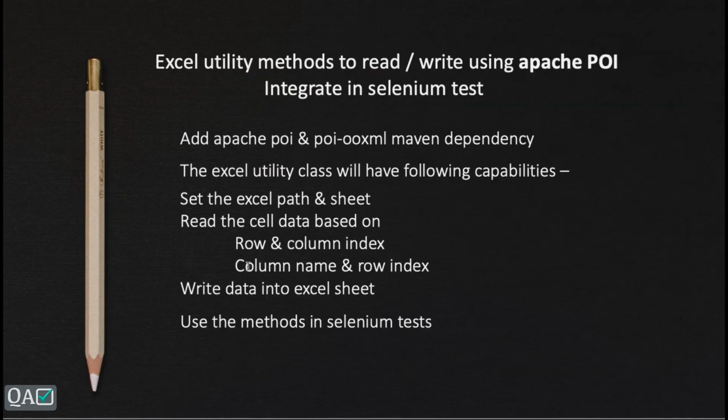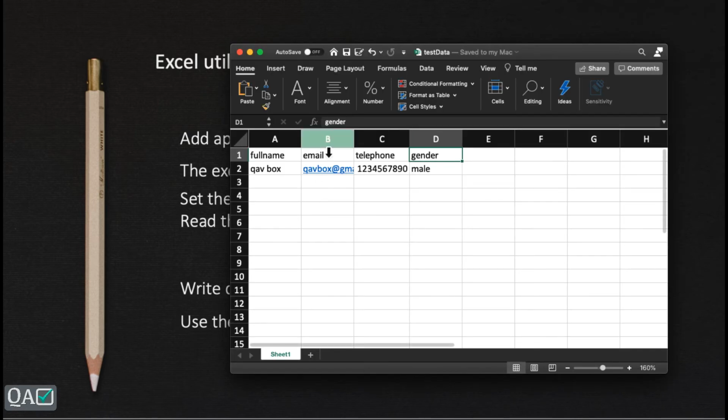For that, we need to handle it in such a way that if I'm using the column name, it should grab the index. If I'm saying email, we need to find out what index this email is on. So this email is on the first index of the column. If I want to get gender, 0 1 2 3, so this is my third index. This index has to be automatically fetched by your code.